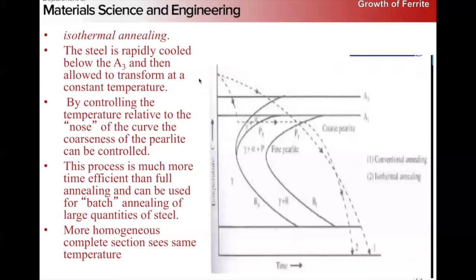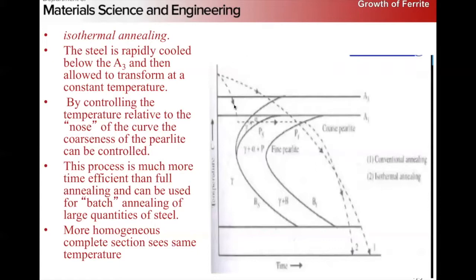And what we're trying to do is control the temperature relative to the nose of our CCT curve. This describes the coarseness of the pearlite. So we end up with a nice coarse pearlitic structure. And this process can be much more time efficient than full annealing, right?